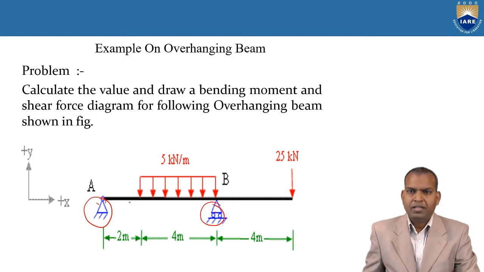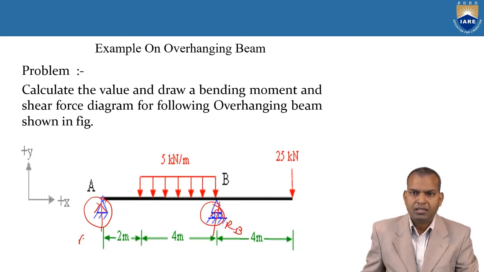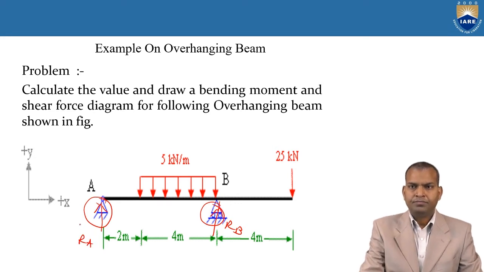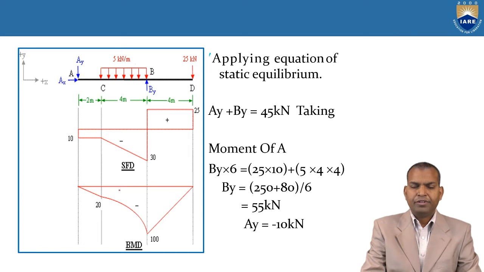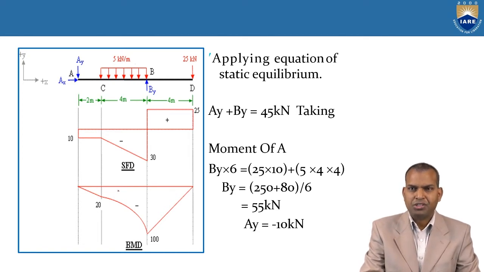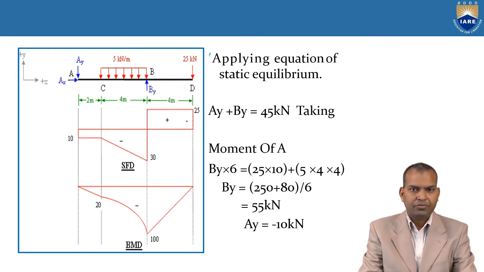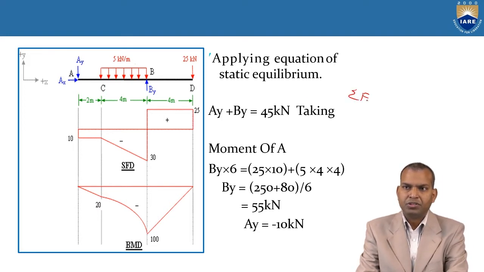So let us begin. Whenever there are two supports, we have to find their reactions. Here it is a knife edge support with one reaction, and a roller support with one reaction, RA and RB. We find the support reactions at point A and point B with the help of equilibrium equations: the algebraic sum of all vertical forces equal to 0, and the algebraic sum of moments about any arbitrary point equal to 0.